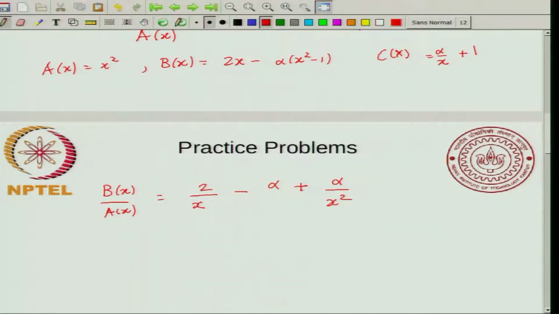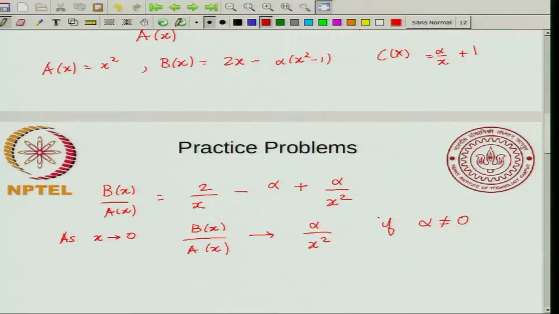Now I deliberately wrote this in this form, and you can immediately see the advantage of this. As x tends to 0, b by x divided by a by x tends to alpha by x square if alpha is not equal to 0. As x goes to 0, alpha by x square is much greater than 2 by x.